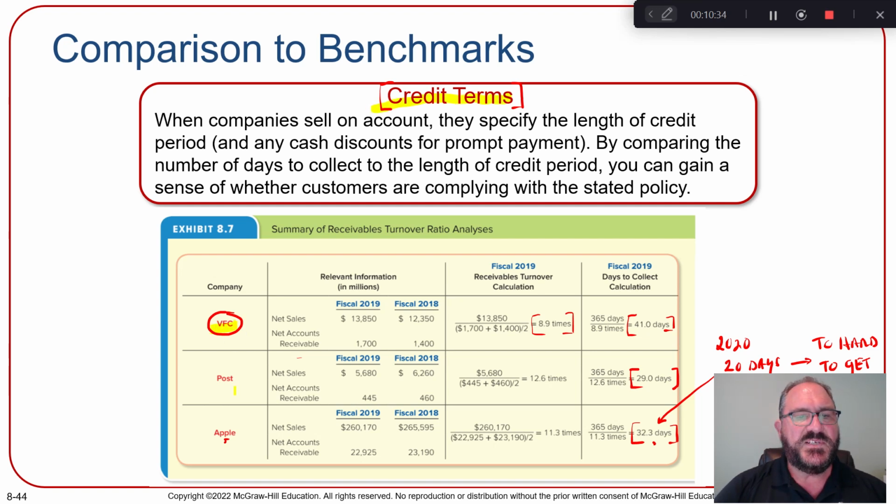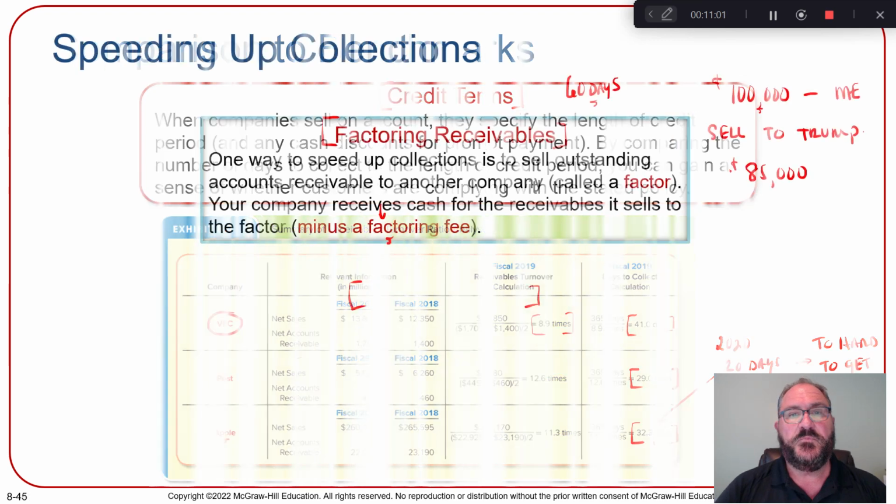Here's VFC, Post, Apple. So this one, 8.9 times, 12.6 times, 11.3 times, right? And again, look how fast they're collecting it. What you'd want to do is compare to companies within the same field. And again, how long it takes you to collect your money is a super important thing to know, okay? Because selling stuff's important, but also getting the money for it's really important, okay?